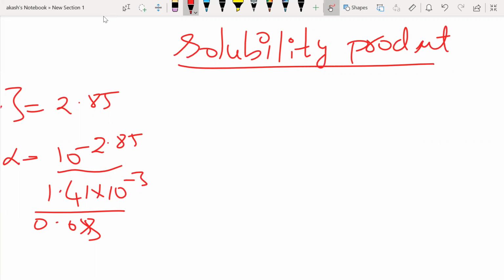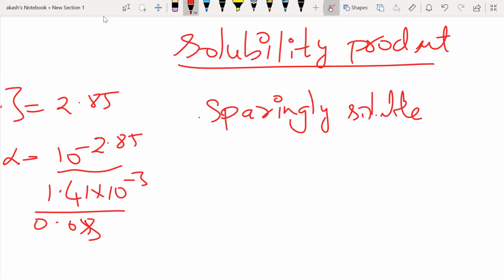So in this, what we're going to do is we're going to take sparingly soluble salts. Sparingly soluble means they'll be very less soluble salts. Now why am I taking less soluble salts is because they will easily give me saturated solutions.